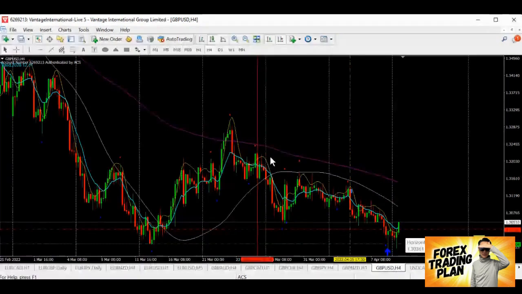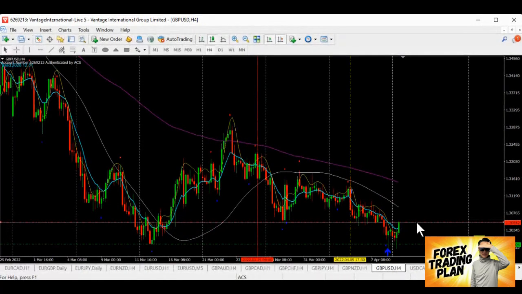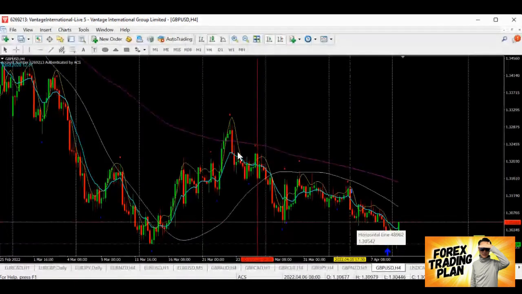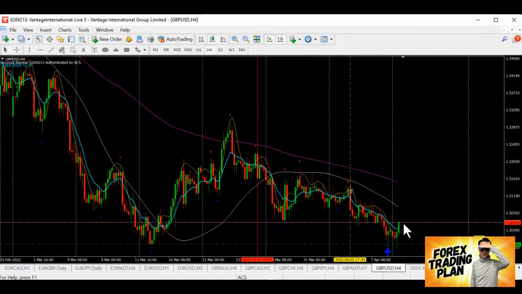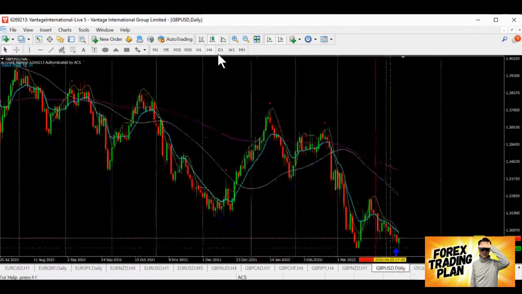We are coming near the previous support. As you can see, the previous support was tested, broken, and now it is retracing upwards. It has become a resistance. Could there be a chance to sell for this Pound Dollar? I would say yes, we do have a chance to sell.